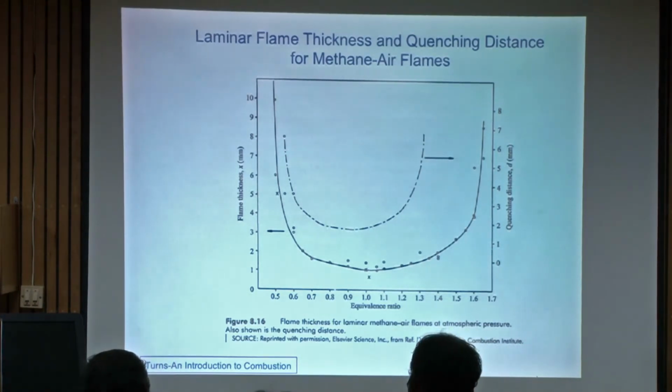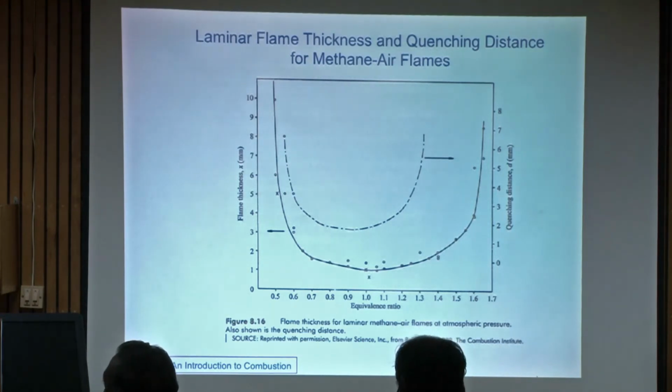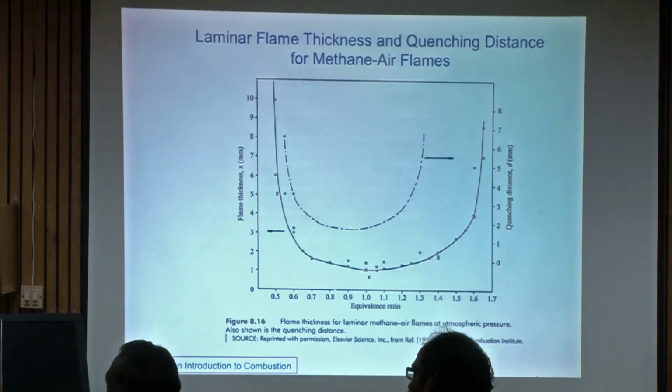That is also one of the important properties when you want to have a stable flame. So what you do is, you have a flame like a Bunsen burner flame, and then you decrease the flow velocity. What will happen if you keep decreasing the flow velocity?